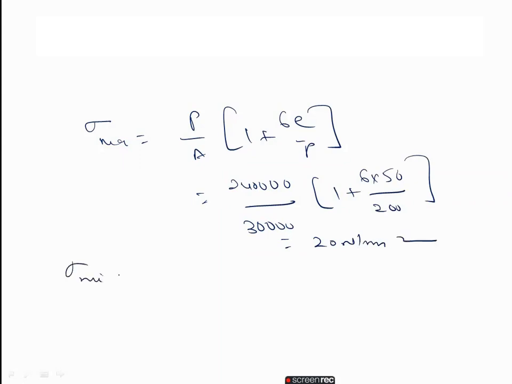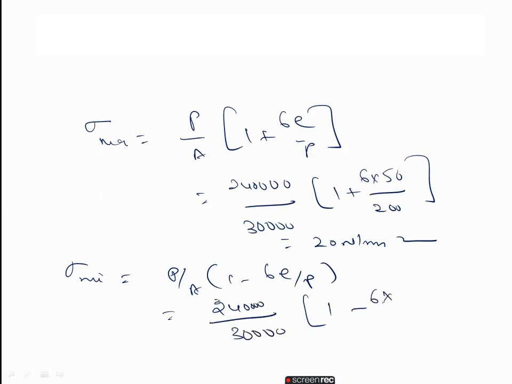And sigma minimum, the formula is 1 minus 6E by B. Once you substitute 240,000 by 30,000, 1 minus 6 into 50 by 200, you will get the value minus 4 Newton per mm square. Here the negative sign means it is a tensile stress.